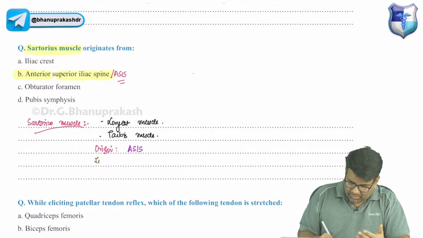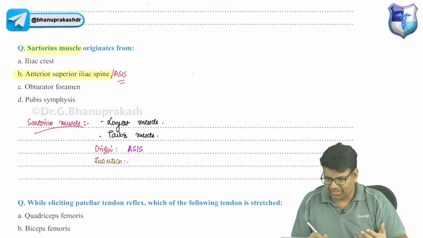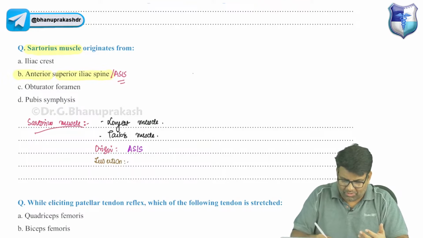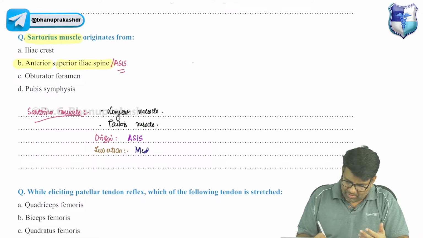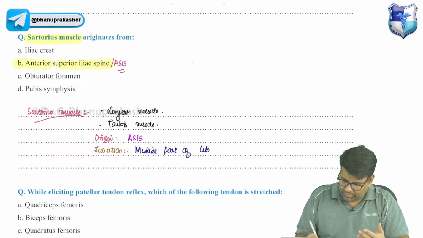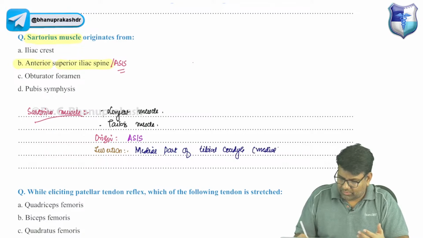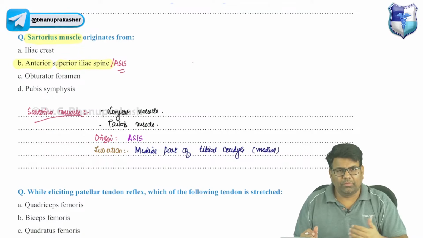Then what about insertion? Yes, Aninda, absolutely right. What about insertion? Medial part of the tibial condyle. So medial tibial condyle, somewhere nearer to, somewhere medial to the tibial tuberosity.